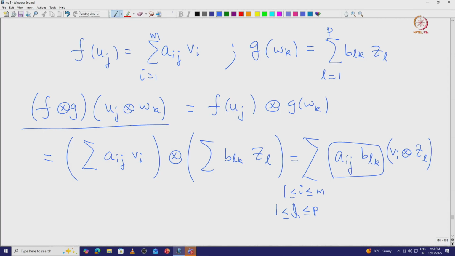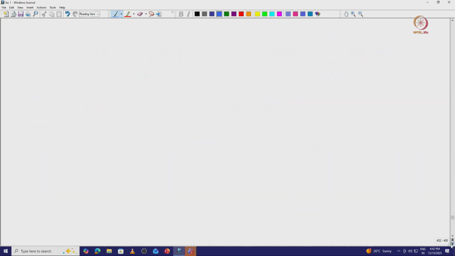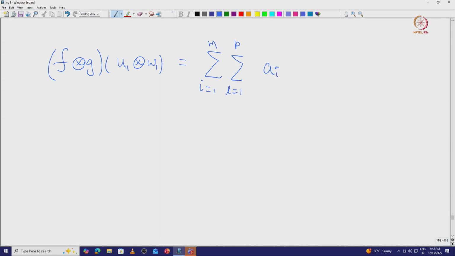Maybe let me do one example. For example, we can look at f tensor g and then apply it on u1 tensor w1. Then you can see that this is exactly equal to summation i ranging from 1 to m and l ranging from 1 to p of Ai1 Bl1 vi tensor zl.